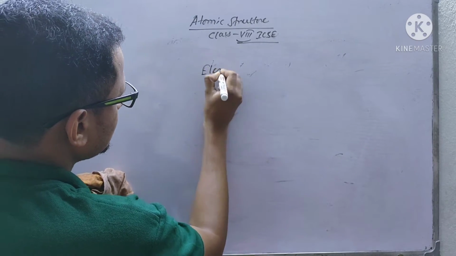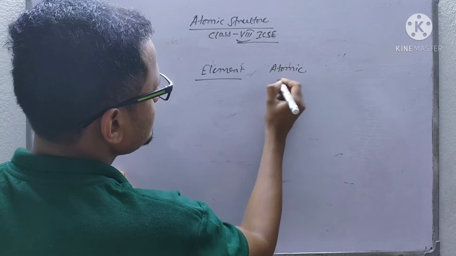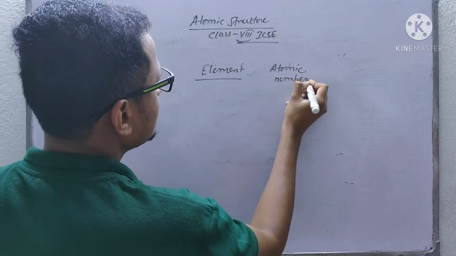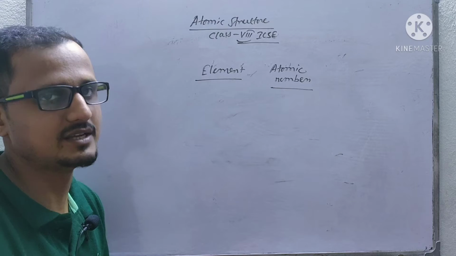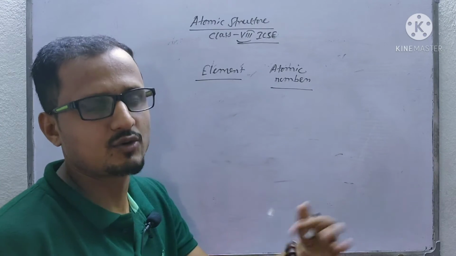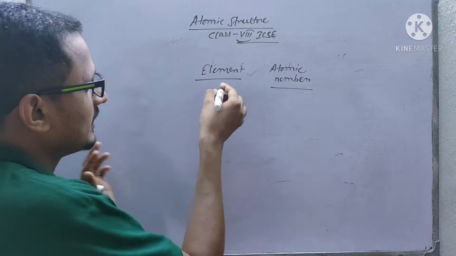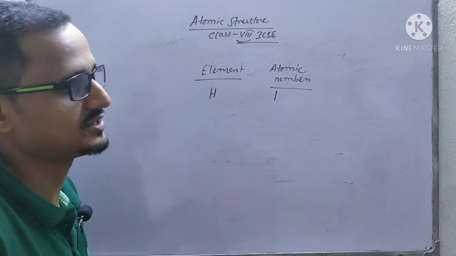Now see, element and atomic number. Atomic number means the number of protons present in the nucleus of an atom of an element, and it is equal to the number of electrons. Hydrogen, atomic number 1, that means 1 electron is there.